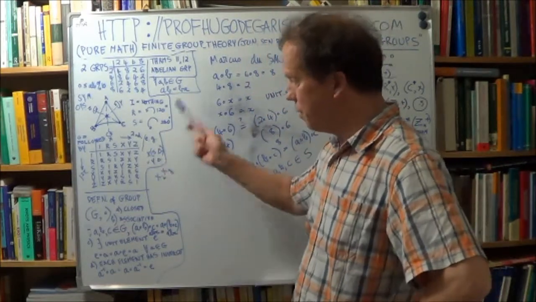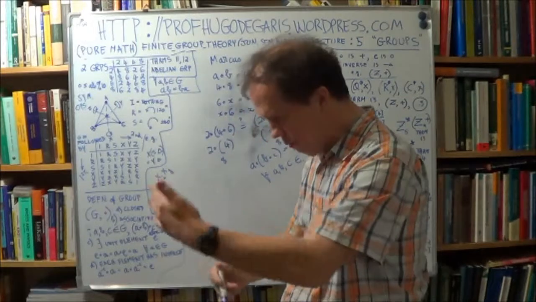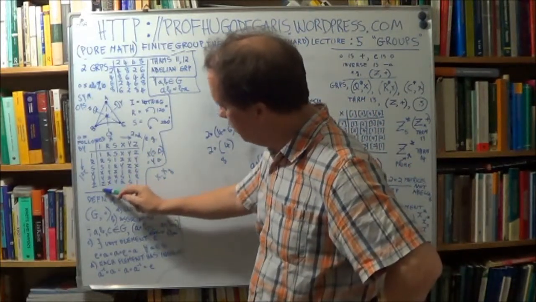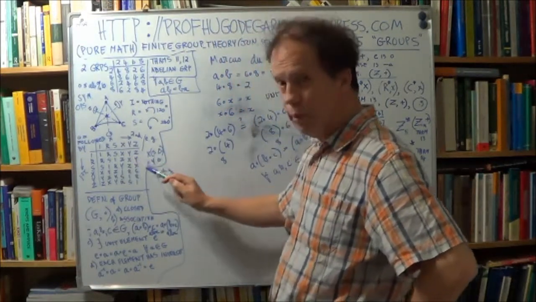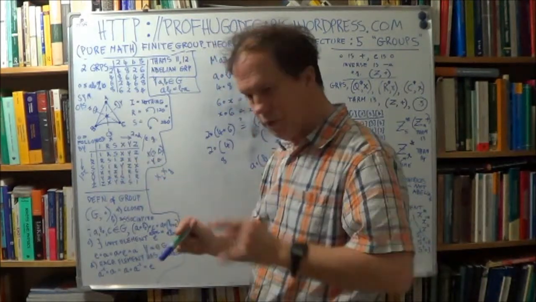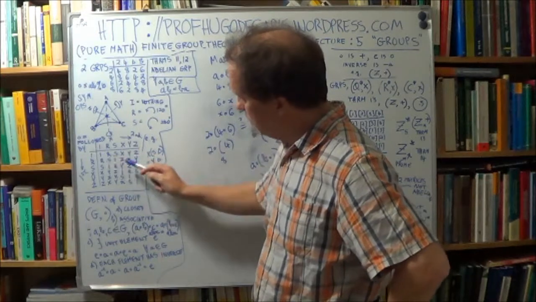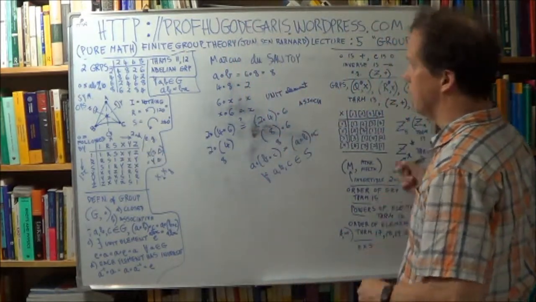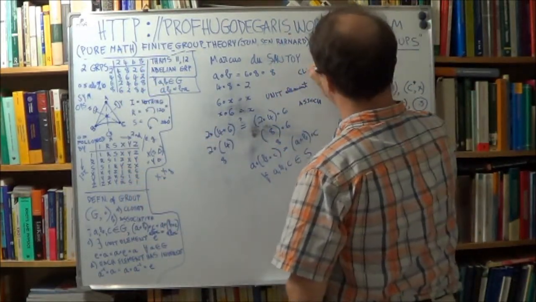Now, it's also closed because if you actually bother creating the whole table, you will see that for each binary operation, each result belongs to the set, so it's closed. So this is also closed. That's closed.